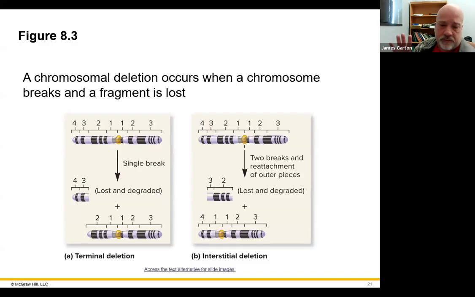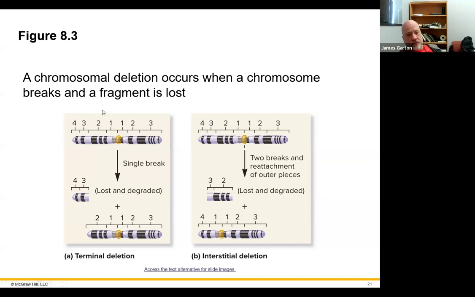And so the thing is, chromosomes break. Chromosomes can have double stranded breaks. That means both strands of the DNA are fractured. And usually, if a piece of DNA is not connected to a centromere, it's degraded.